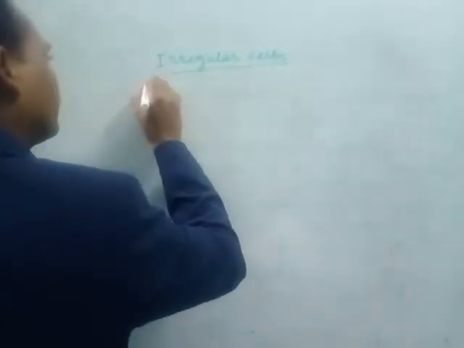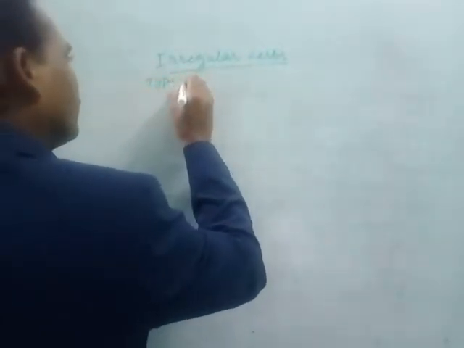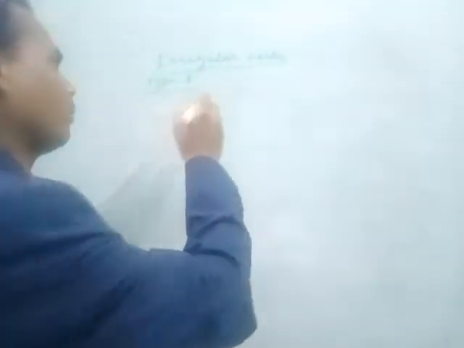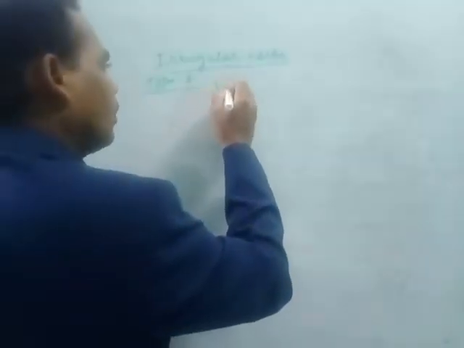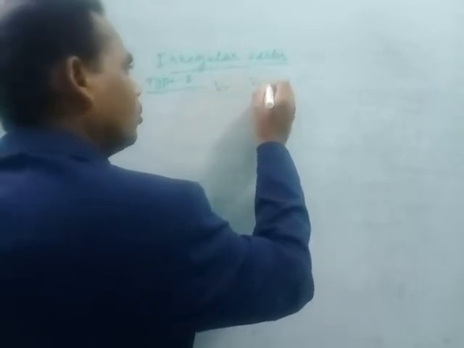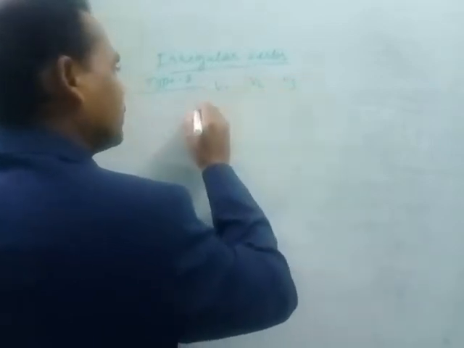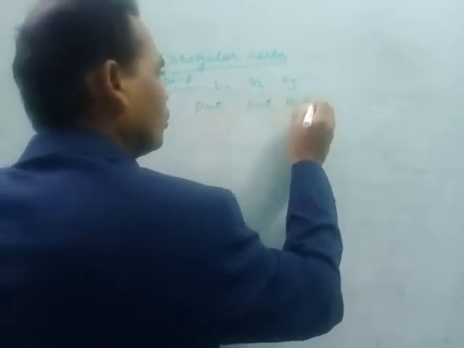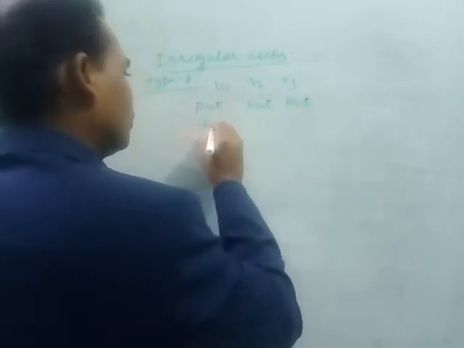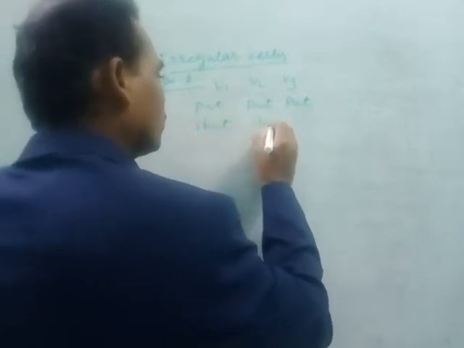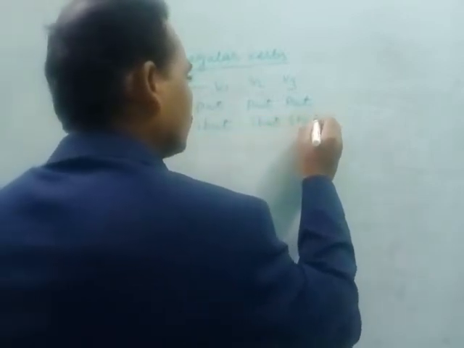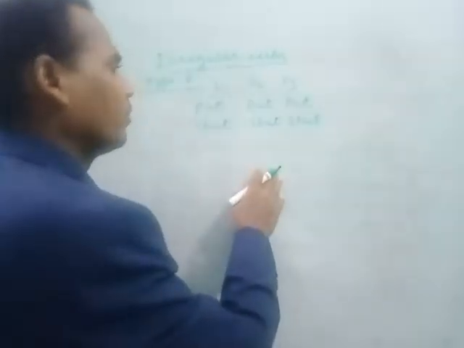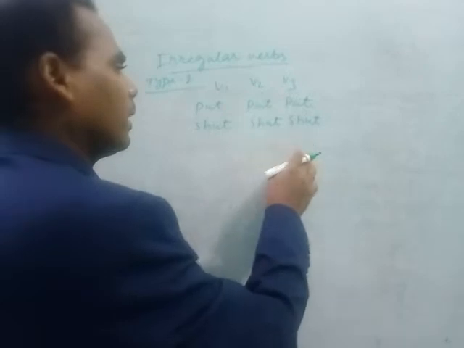Type 1. I have already told you all the 3 forms are the same. V1, first form of the verb, V2, V3, all the forms are the same. Put, put, put. Shut, shut, shut. I think there is no need to write the second and third forms of the verb.